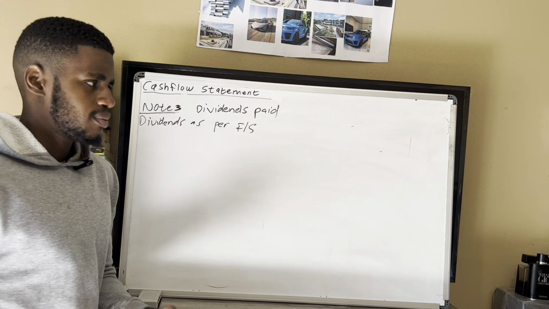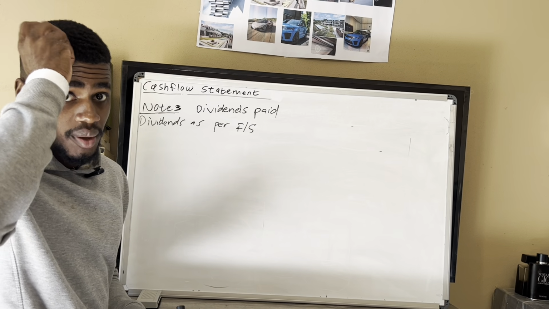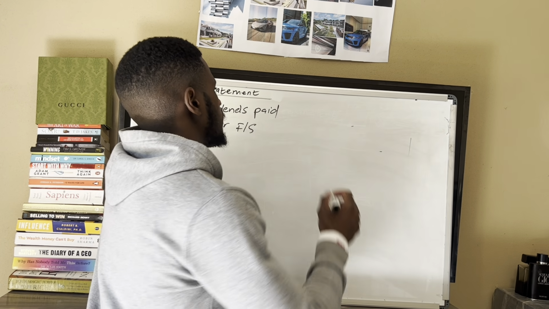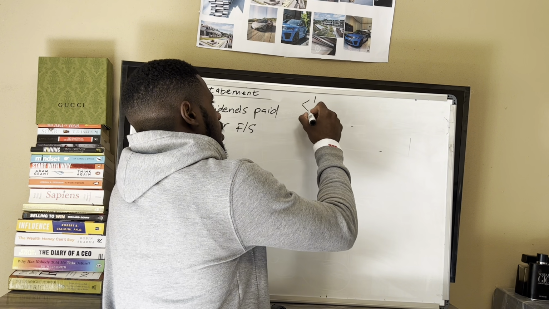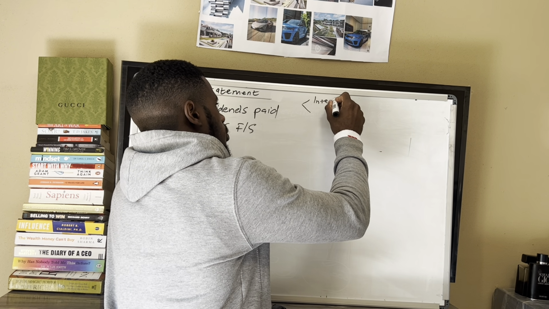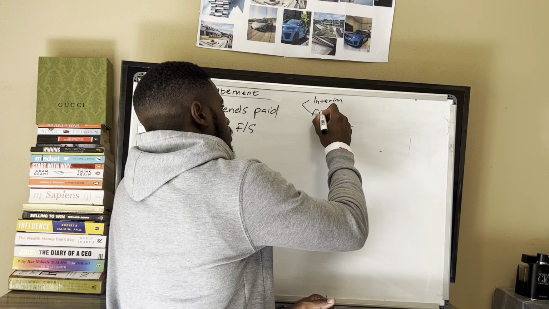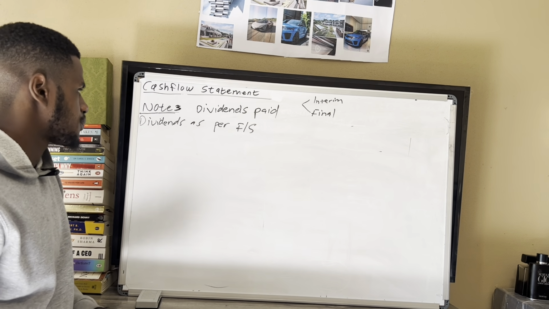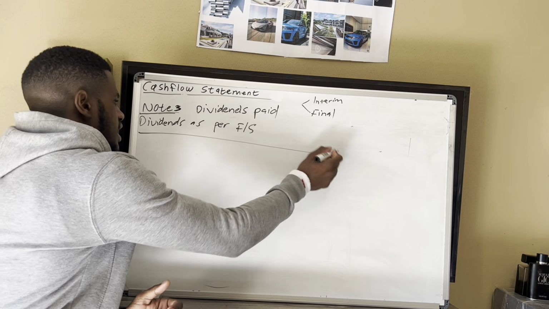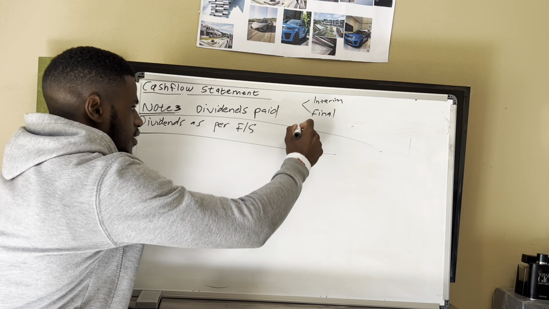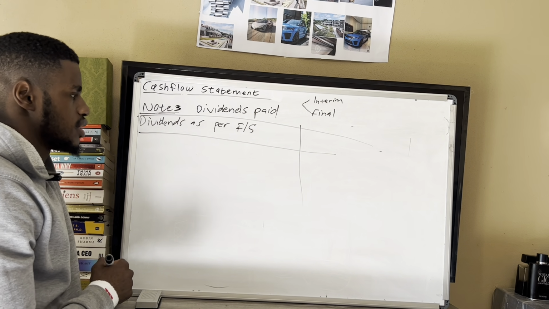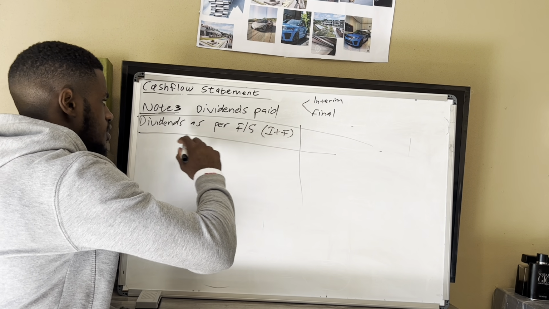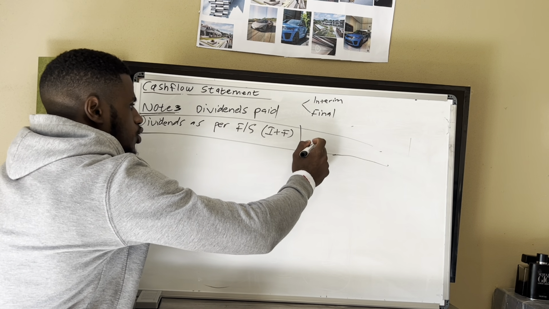When it comes to dividends, remember dividends are the amounts that we pay to shareholders for investing in the business. We have 2 types of dividends. We have interim, which are the dividends that we pay during the year, and we have final dividends, which are the dividends that we declare at the end of the year. So the first line is going to be dividends as per financial statement. This is interim plus final. You get both these dividends, you add them and you put them here.